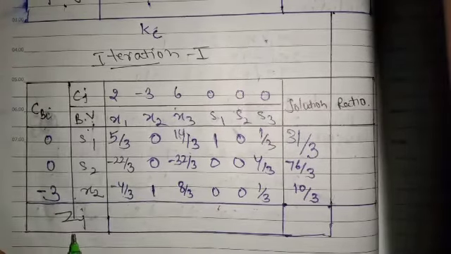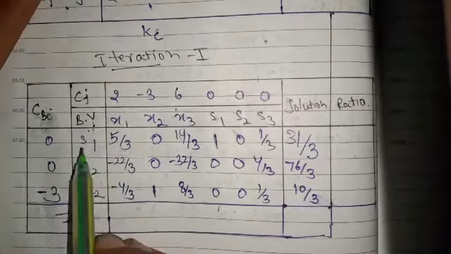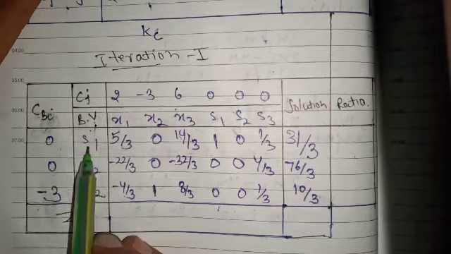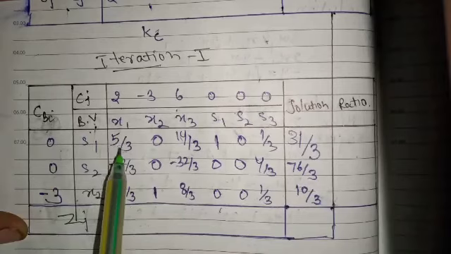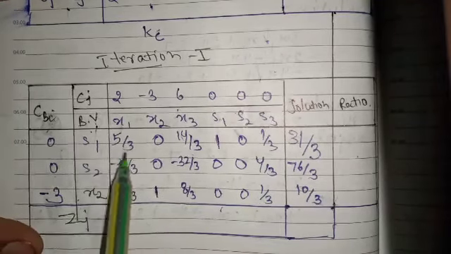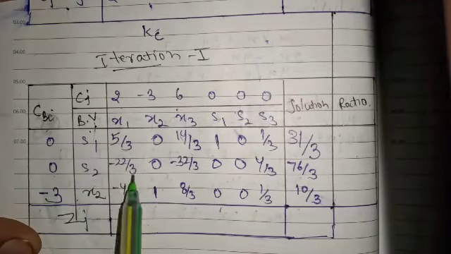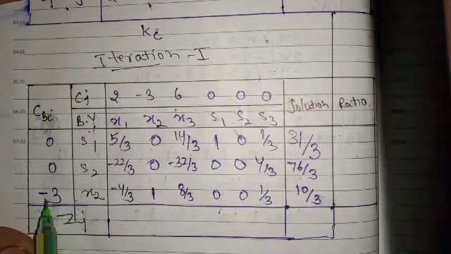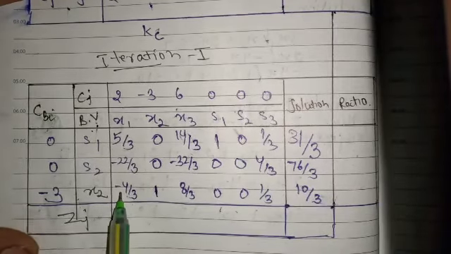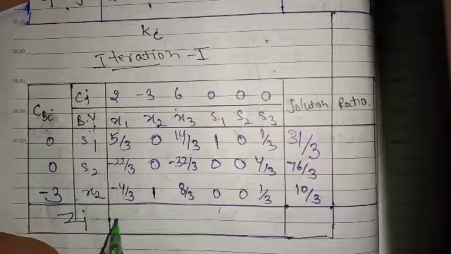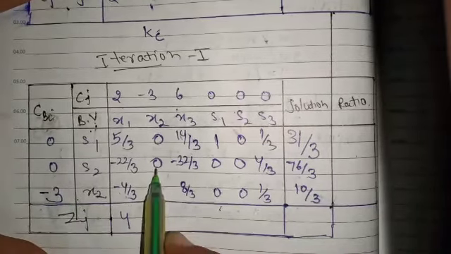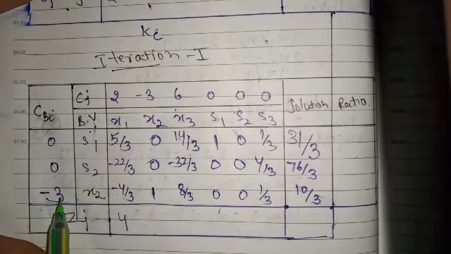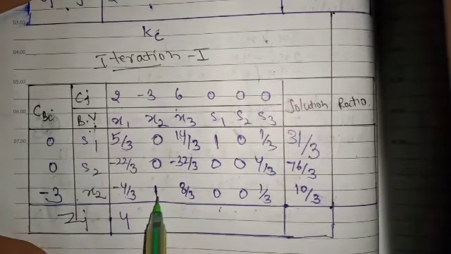The formula to find Zj is the coefficient of the basic variables, 0, 0 and -3, multiplied by the corresponding elements. So 0 into 5/3 plus 0 into 22/3 plus -3 into -4/3. The solution is 4. Also 0 into 0 plus 0 into 0 plus -3 into 1.